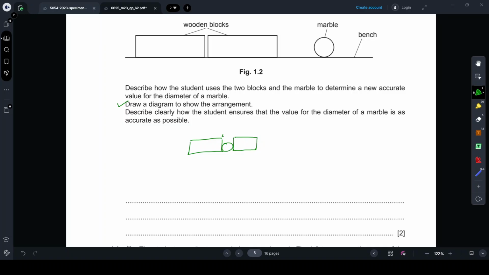And then you're going to measure this distance from edge to edge of the wooden blocks, right? So measure gap between wooden blocks, and okay, to add to this, how are you going to ensure, because they're asking, right, how is the student going to ensure that the value of the diameter is as accurate as possible?